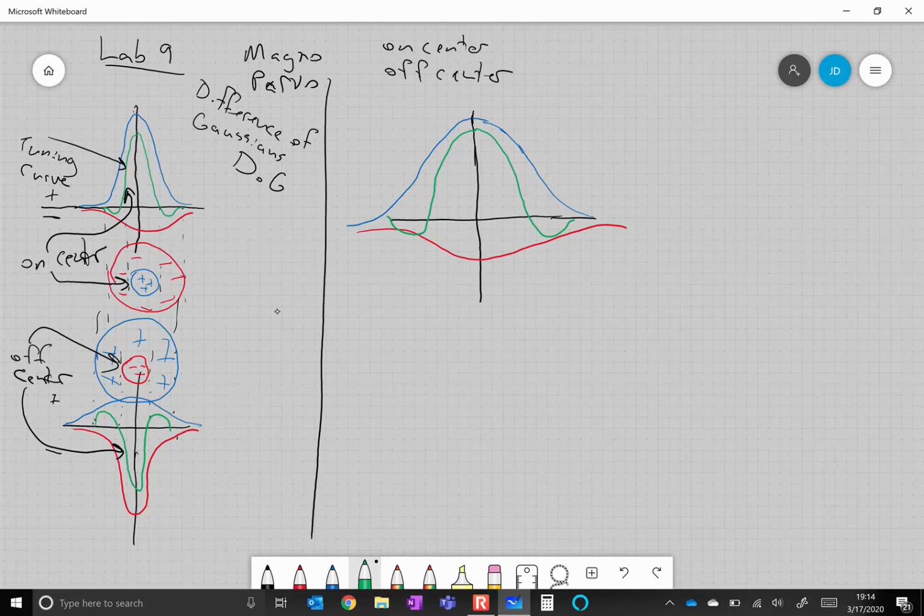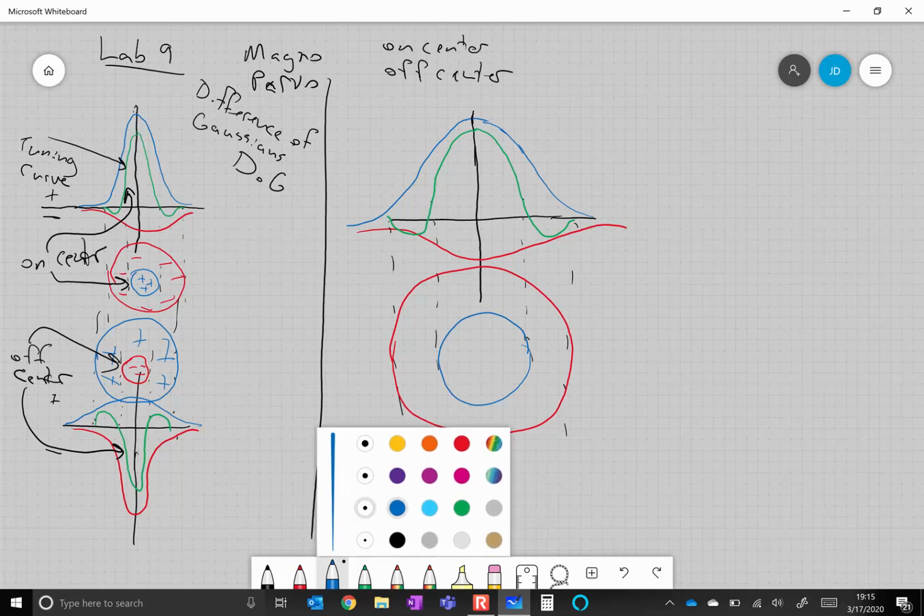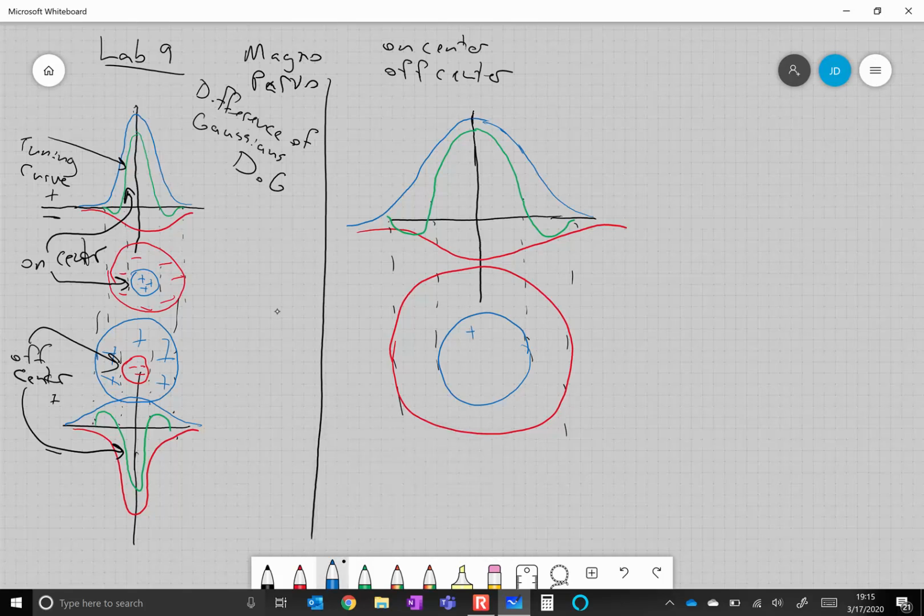Now, I've drawn these two to scale. Okay, so I want you to see that they have slightly different shapes, at least in one dimension, right? And so if we were to come down with our center portion, and then come down with our surround portion, one thing that we would notice is this is an on-center cell.